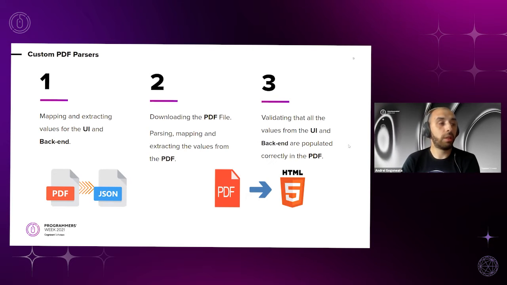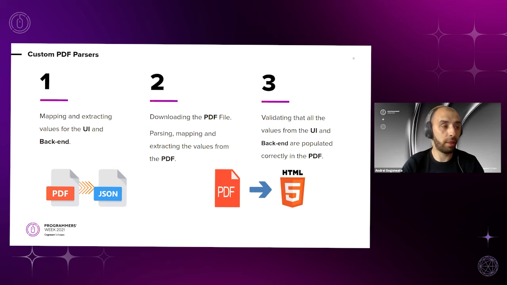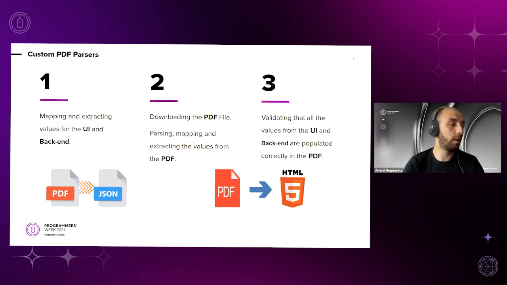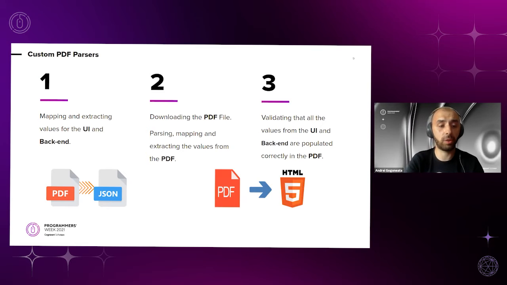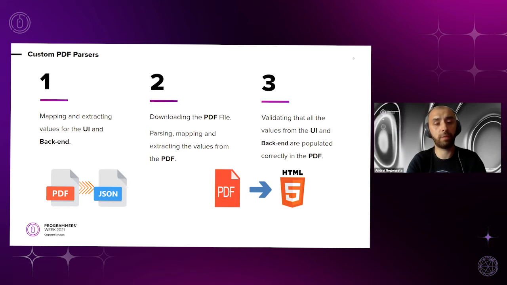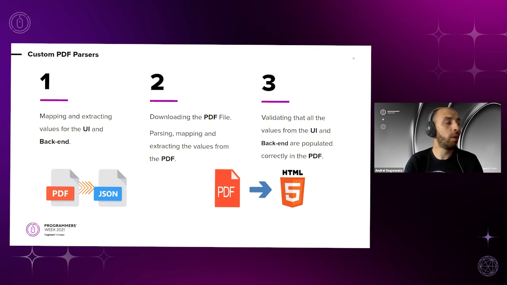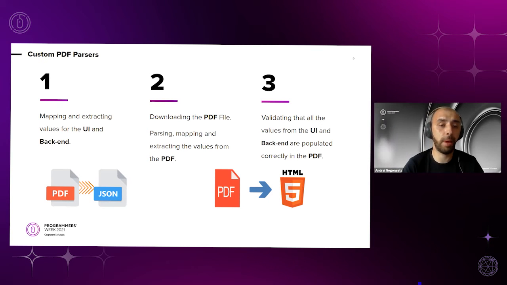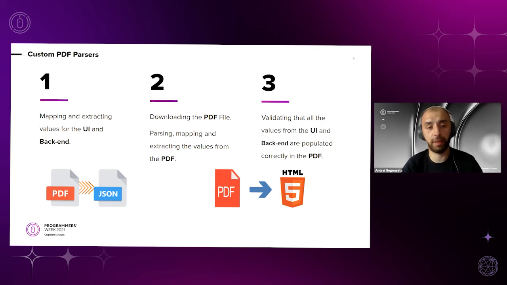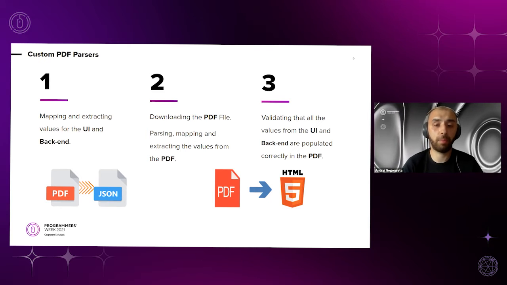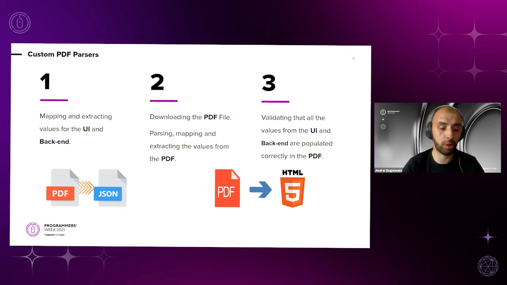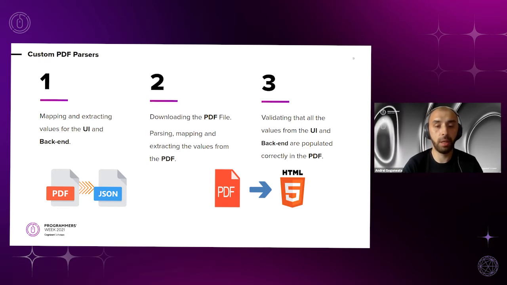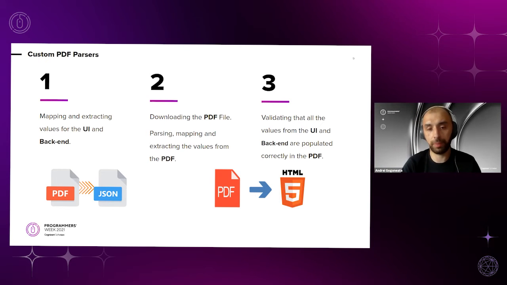Moving on to how it works in theory, because Andrei, like I said, will show you how it actually works. Mainly it works through the processes that we had. We have 3 steps. The first step is mapping the UI values and the backend values. The second step is that we created a custom location to download the PDF files using Chrome or Mozilla and so on.